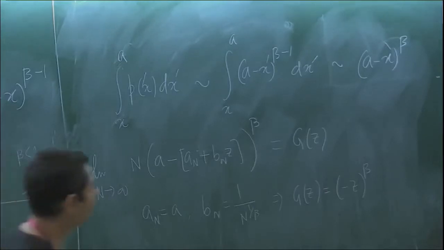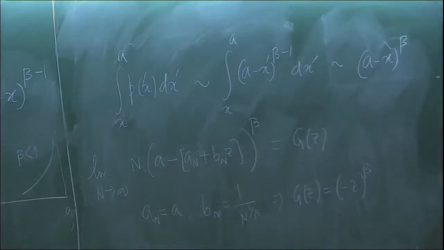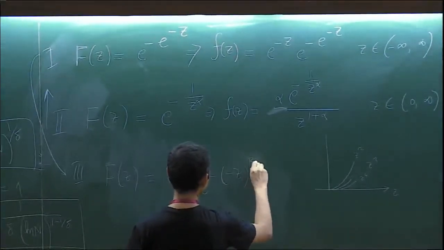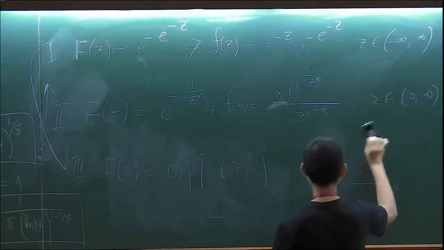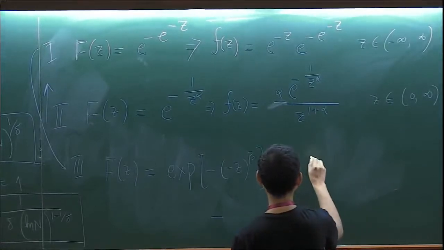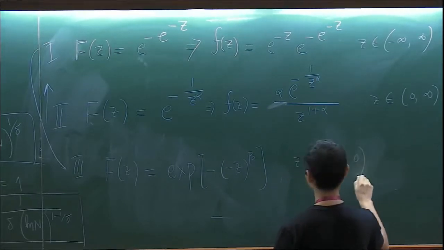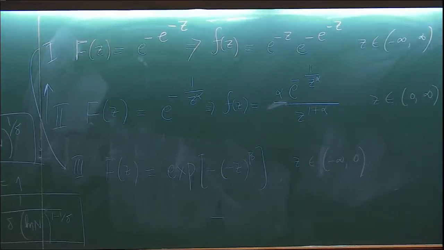So therefore you have another class which comes from the third one, which is basically f of z, given by exponential of minus (minus z) to the power beta, where z is from minus infinity to 0, it's negative, okay?